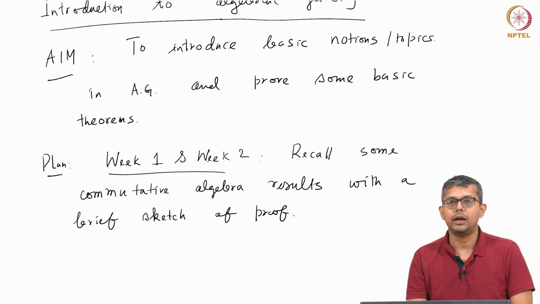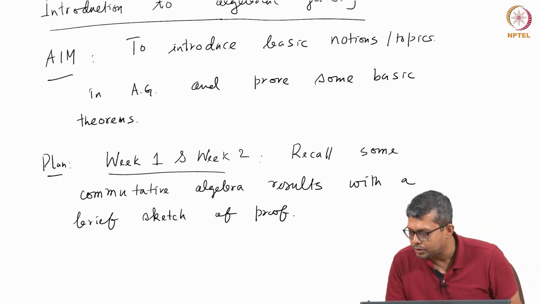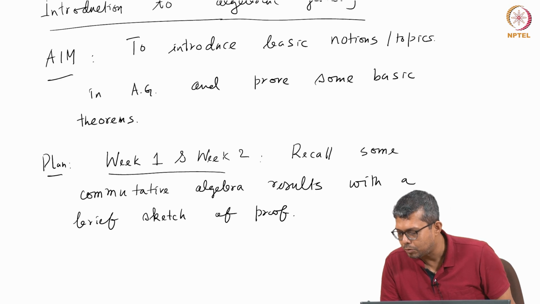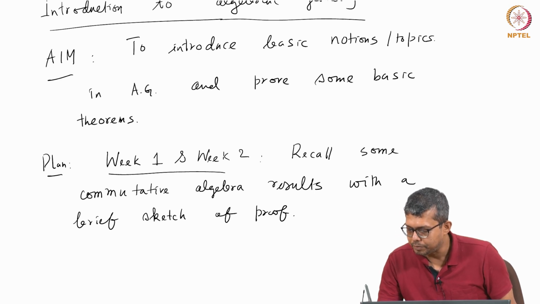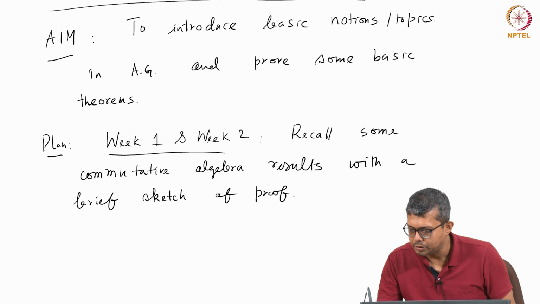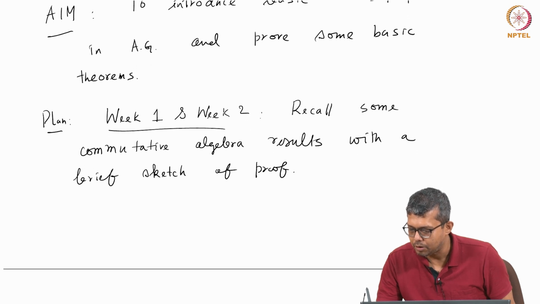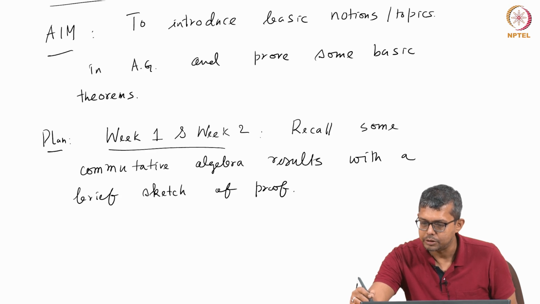And I assume that in commutative algebra, you know what rings are, what modules are, what localization is, what a tensor product is. So, these things you know. I assume this. Okay.